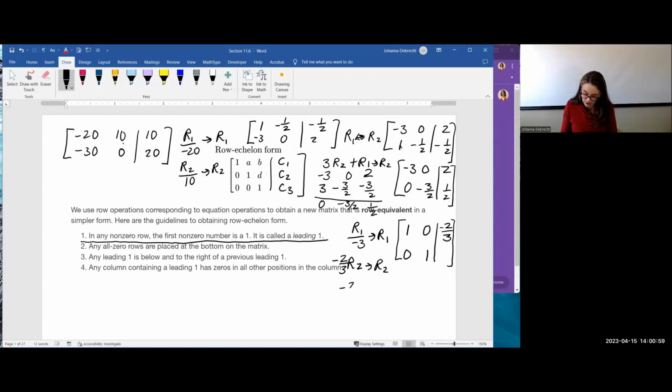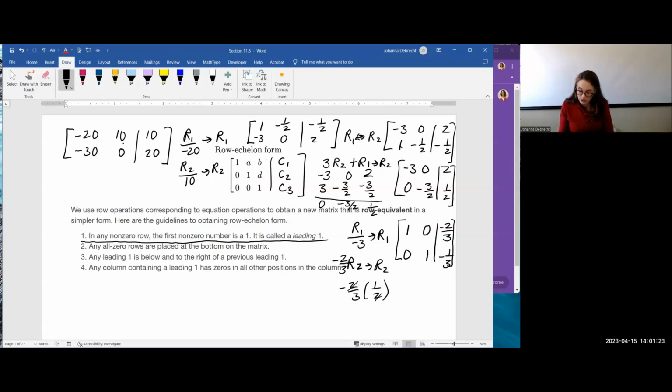And then you might want to come over here and write that down somewhere. You have negative 2/3 times 1/2. The 2's cancel. And you get negative 1/3. Now, this is actually not only in row echelon, but in reduced row echelon form, where both above and below the leading ones, we have zeros.